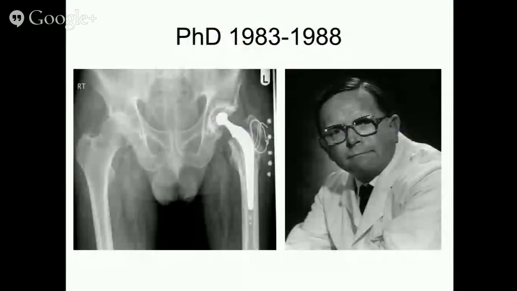We used to cut off the greater trochanter to get the implant into position. And we also used to cut through the side of the hip in order to get access to the hip joint. And I showed, using full biomechanical analysis on a subgroup of my patients, that this was due to the fact that they couldn't generate sufficient moment at the hip in the abduction plane to produce a normal stride length.